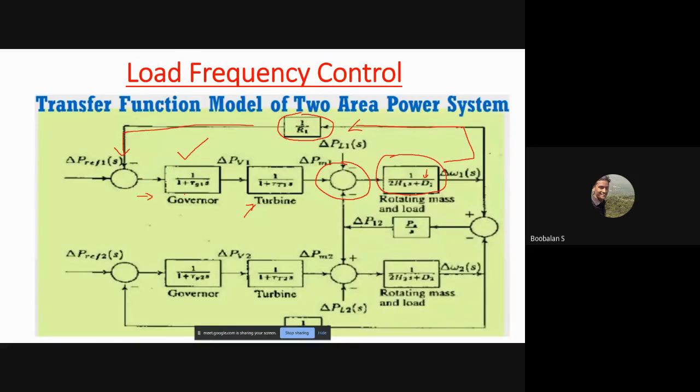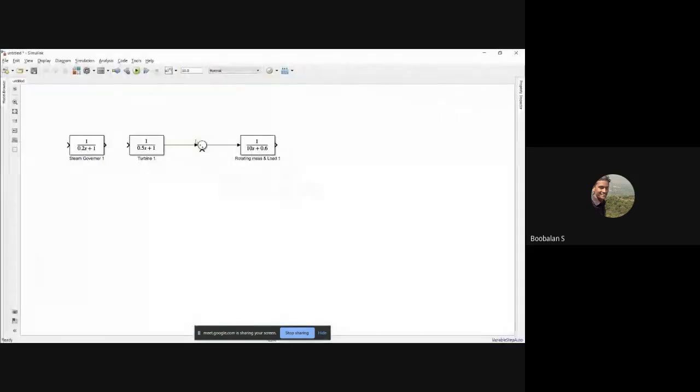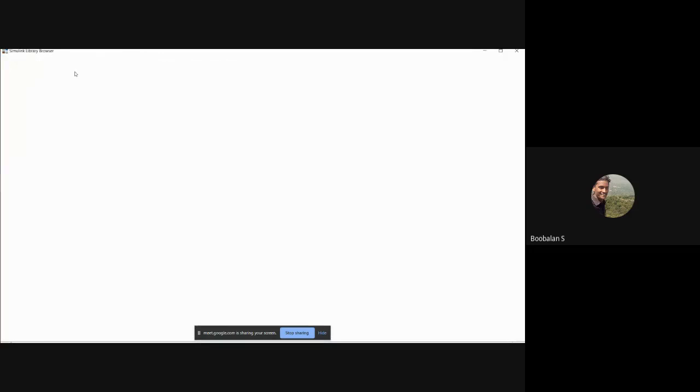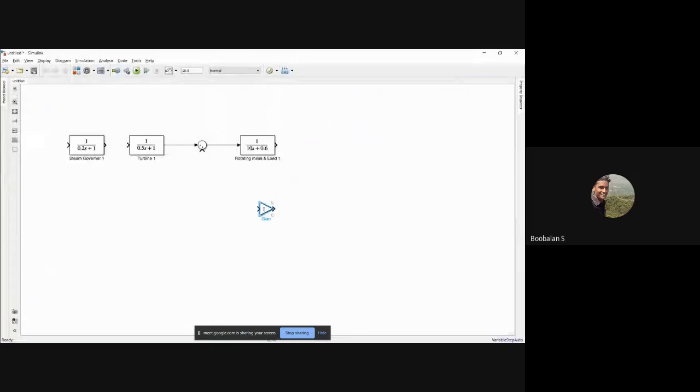This is a negative closed loop path, right? For that purpose, I need one more gain block. I'll go with the gain from the common block list, find gain, add to model. I'm just going to use it over here at the top edge and rotate it like this, right? And connect it, right? And this is my 1 by R1, negative feedback, right?